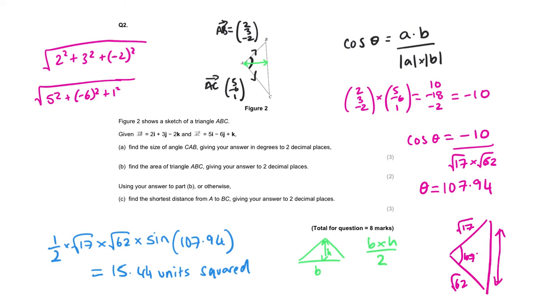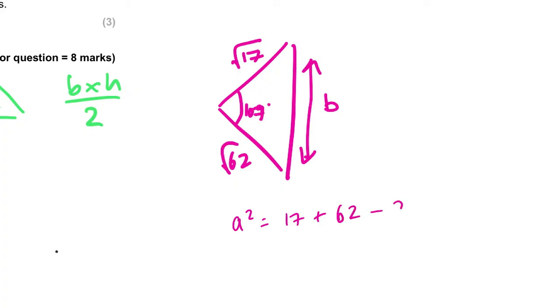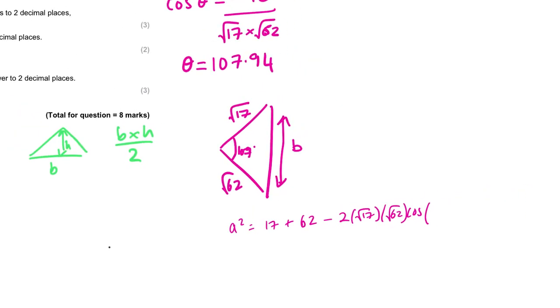So we could use the cosine rule, or I just had a great idea. Sine rule? No, we can't. I was going to say if it's an isosceles, we could have halved it. It's not an isosceles. So let's find this base here using the cosine rule, and then we'll be able to work backwards. So what do we know? A squared equals B squared plus C squared minus 2BC cos A, which is 107.94.